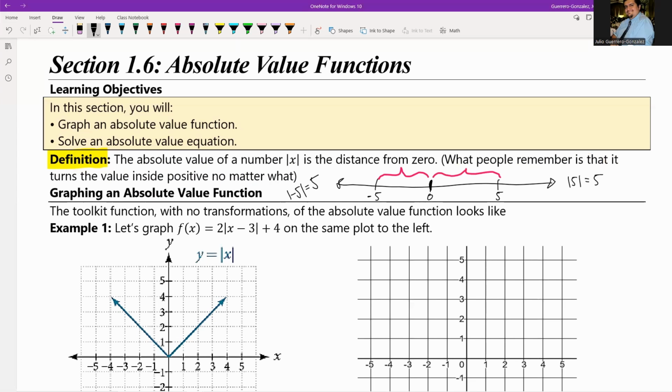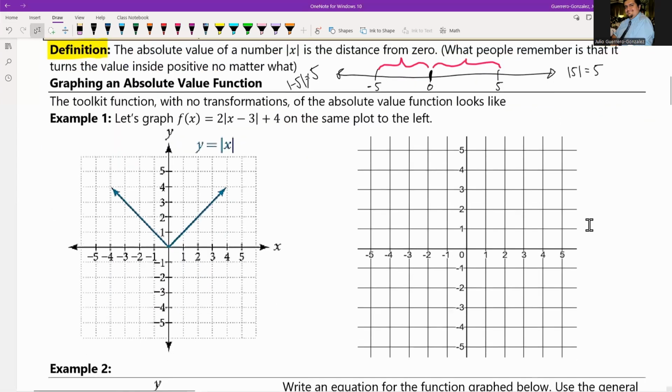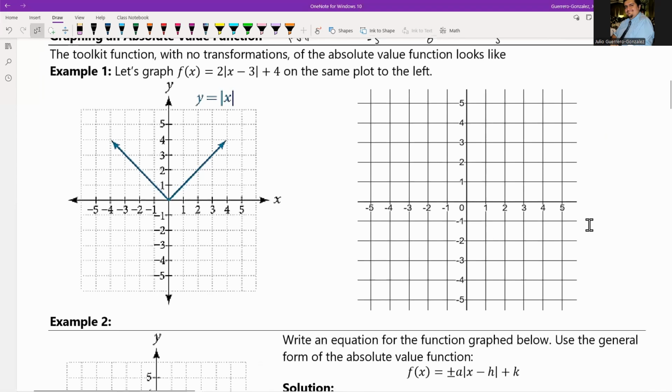Let's do a little bit of review from our previous section. Use your toolkit functions, especially for these. Let's take this function right here. We sort of know what the absolute value function looks like, and we want to graph this. Hopefully you remember this at least: these were very particular.